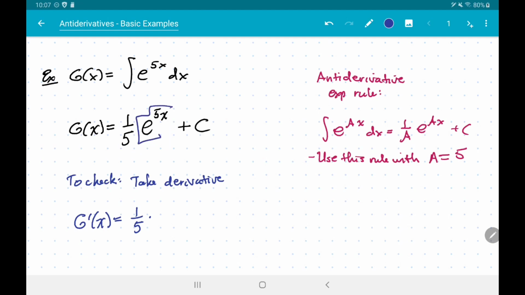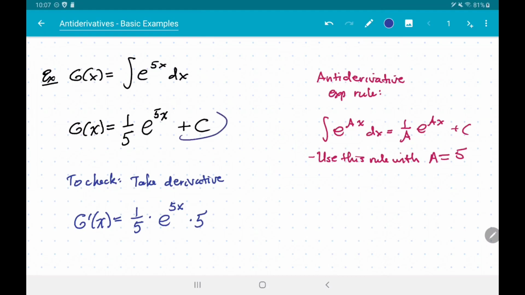Then the derivative of e to the stuff is e to the stuff, but we have to put in a chain rule factor that's the derivative of the stuff, and the derivative of 5x is 5.